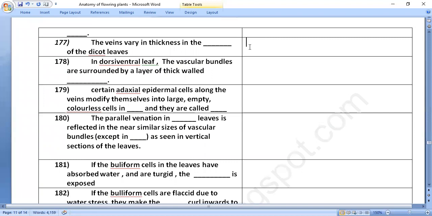The veins vary in thickness in the reticulate venation of the dicot leaves.